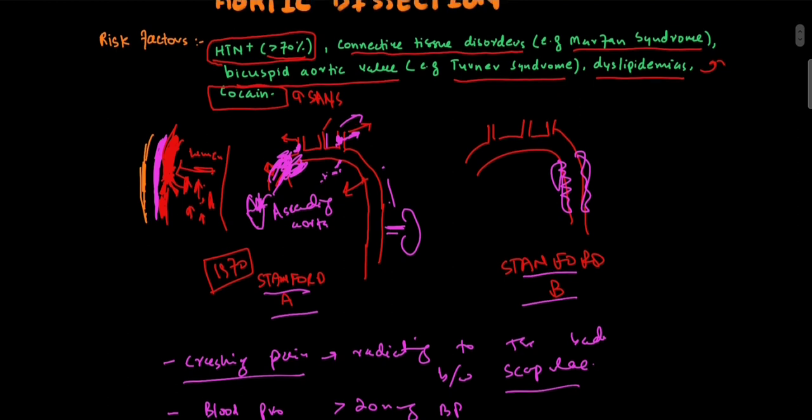So there are a lot of complications, depending on where the aortic dissection extends. Let's say it extends backwards, close to the ascending aorta, where we have the heart. So what can it do in the heart?